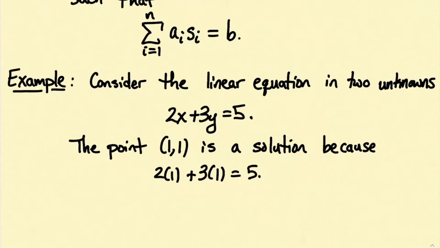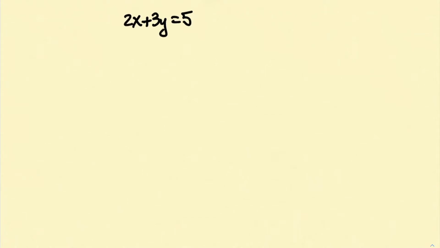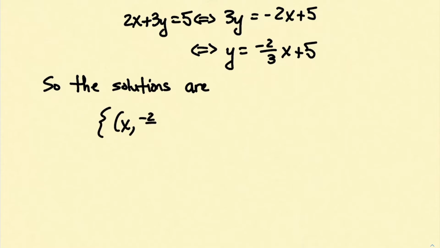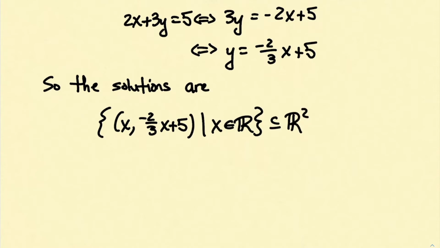If I want all of the solutions and I want to understand geometrically what all of these solutions form, all I have to do is solve for one of the variables in terms of the other. In particular, it's customary to solve this equation for y in terms of x. We can represent this as a set of pairs. Being a set of pairs, this is naturally a subset of R2.